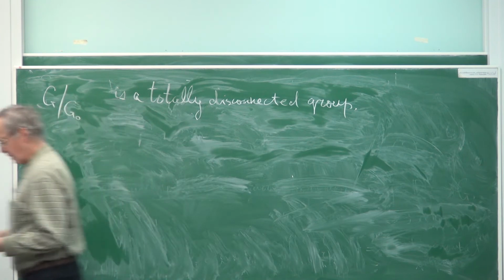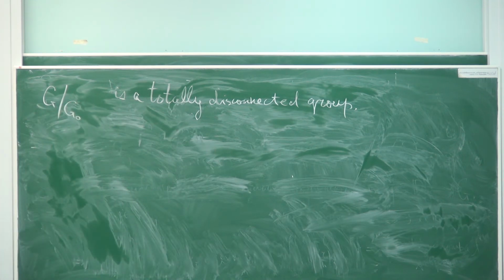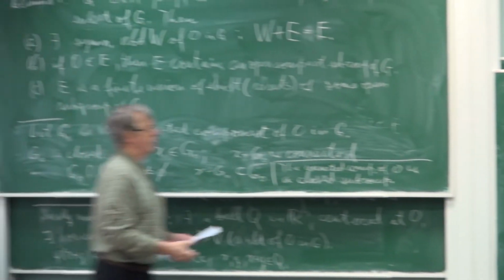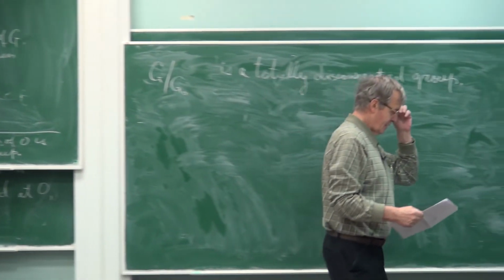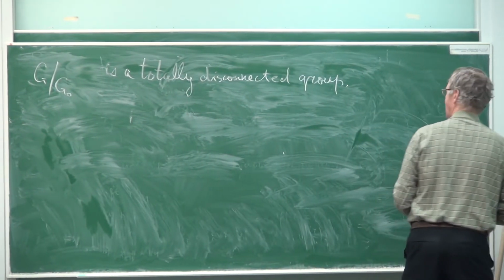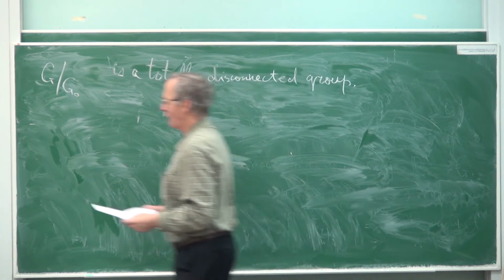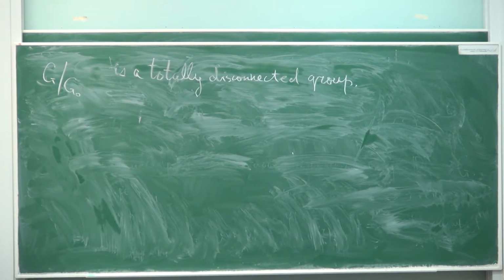This is a totally disconnected group because G0 is a connected component of 0. So if this contains a non-trivial connected set, then G0 would not be the maximal connected set containing 0 and so on. So this is totally disconnected.